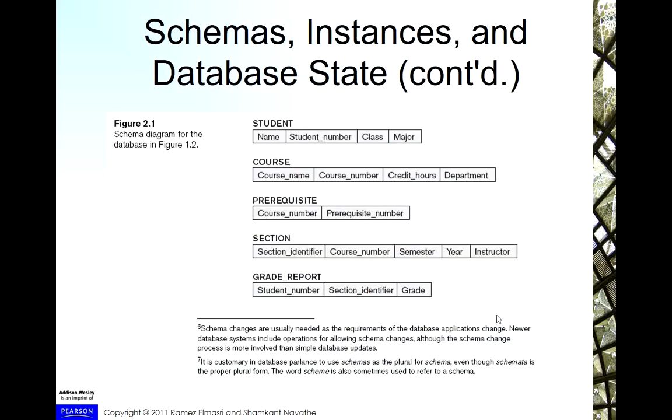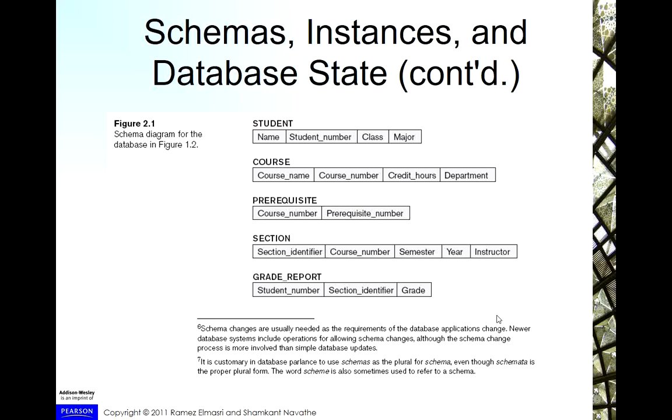This is an example of a database schema, although it is not complete because it has only two things here. We can see the entity names like student, course, prerequisite, section, and grade report, and we can see also the attributes of each entity. For example, course has attributes: course name, course number, credit hours, and department. But the schema could include more than that.